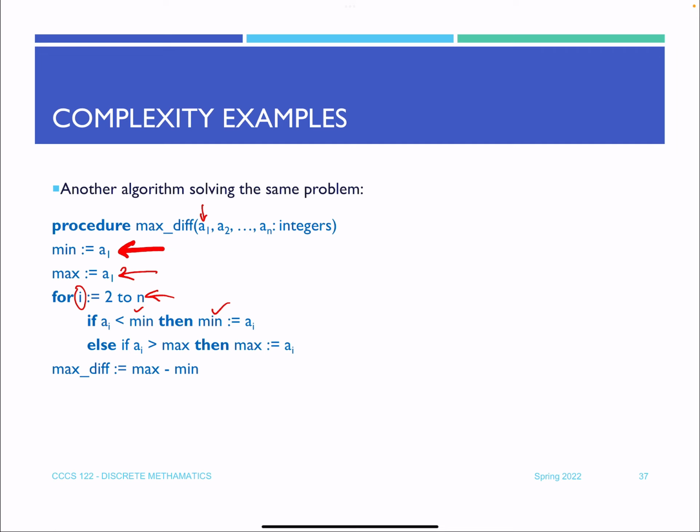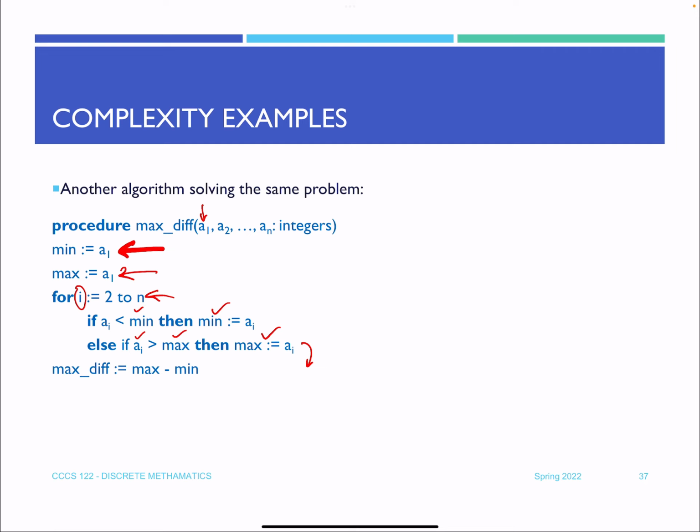If a[i] is greater than the largest value seen up to this point, held in max, then update the value of max. By the time you come out of the for loop, min will contain the smallest value seen in this array, and max will contain the largest value of this array A.